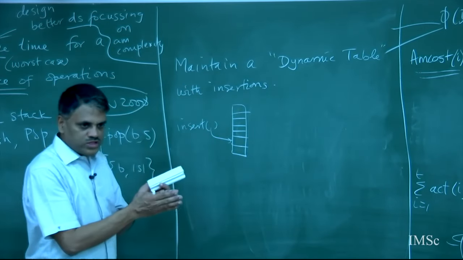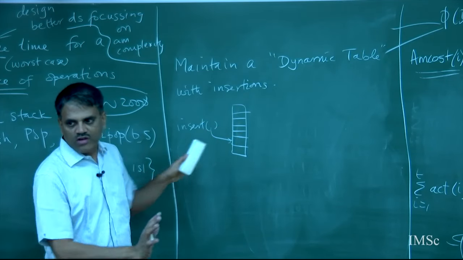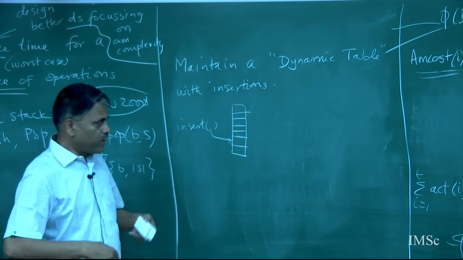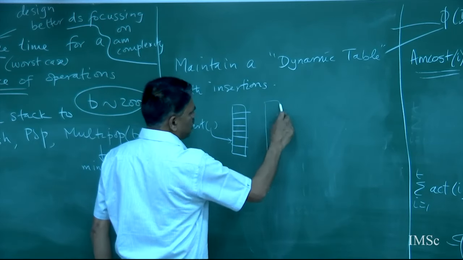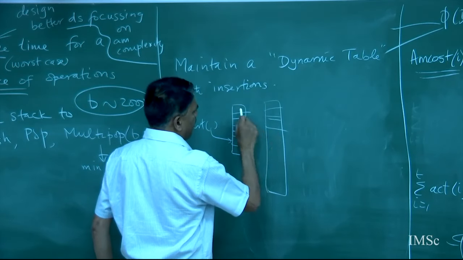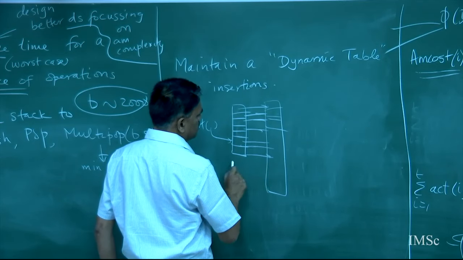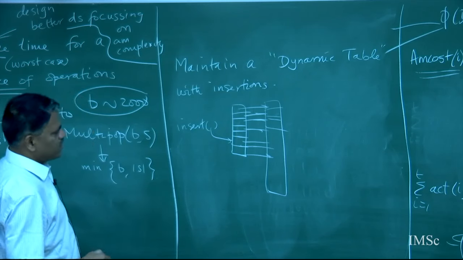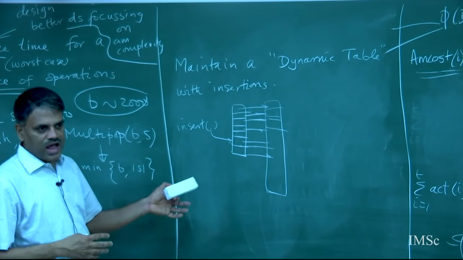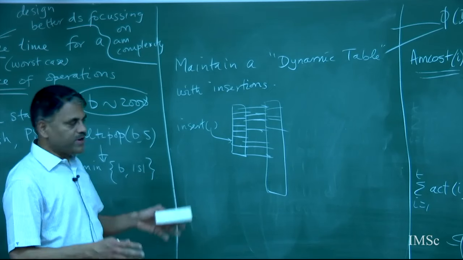So you ask the operating system for a larger table and copy all of these elements there. Whenever you need to expand your table, your goal is to ask for a larger table, copy all of these elements appropriately, and then start your insertion. So there are easy insert operations and hard insert operations which involve this table expansion.